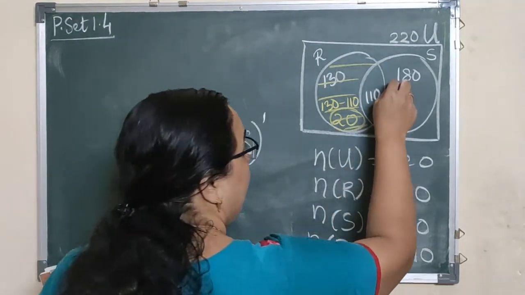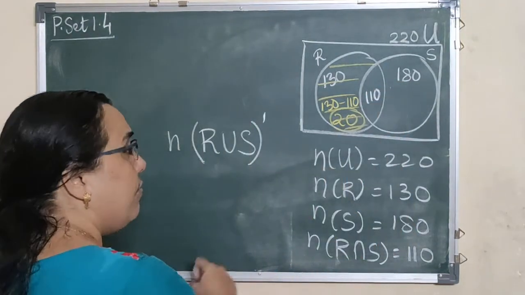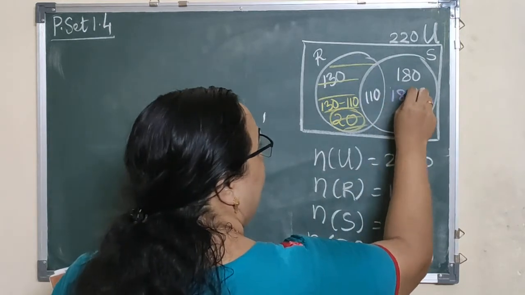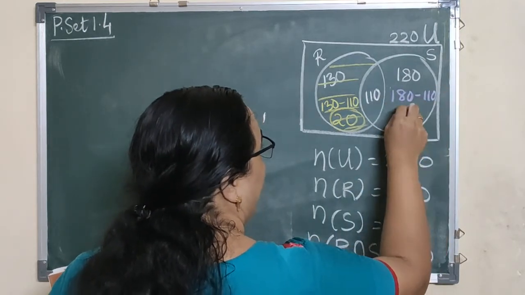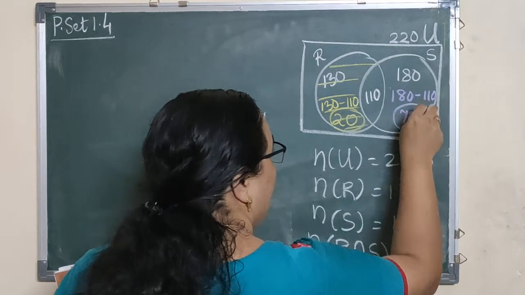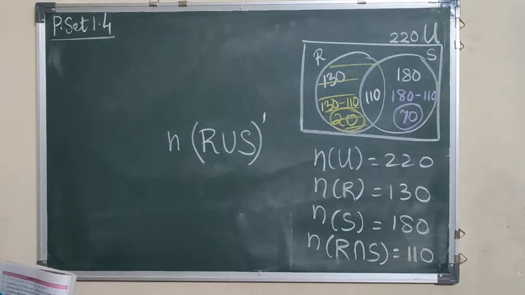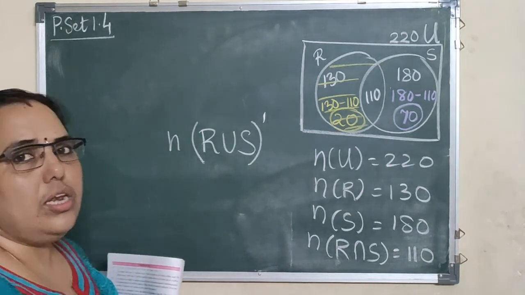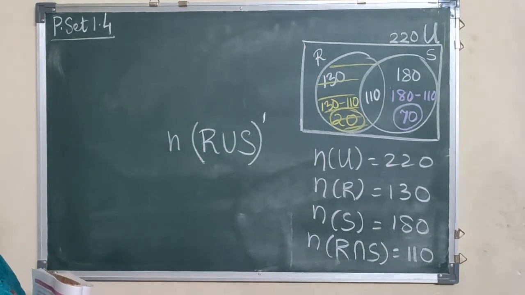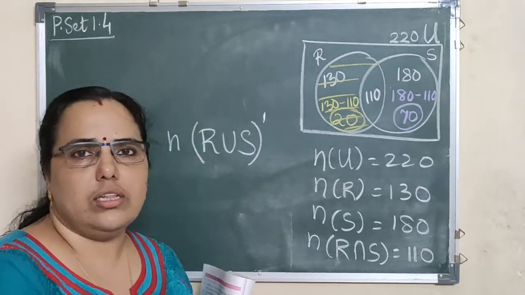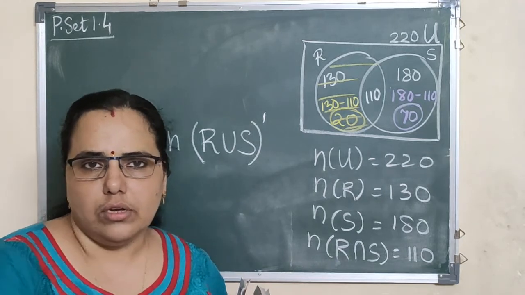Same way, this side we have 180 minus 110. So how many are doing sky watching only? 70. Yes. So you got the answers for the next two questions. Now let us write, one after the other, all the statements. Is that clear?